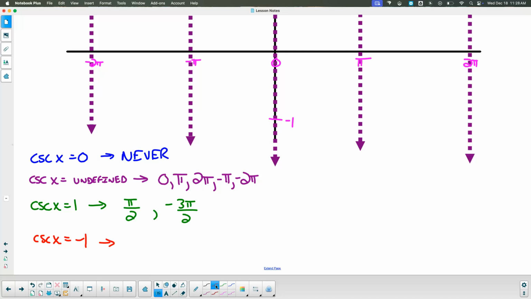Where is cosecant -1? 3 pi over 2 and -pi over 2. Here and here. Okay.